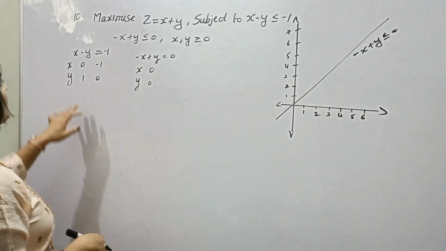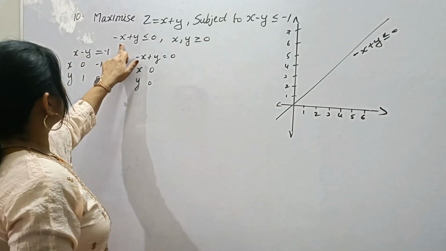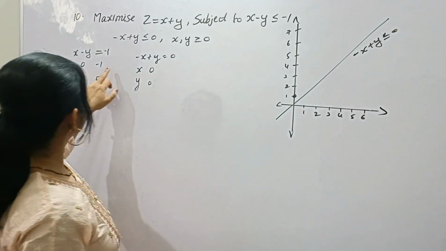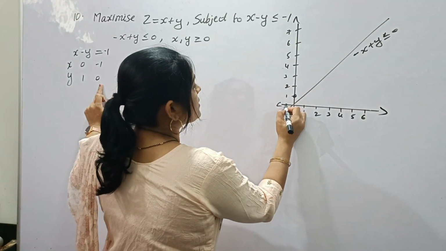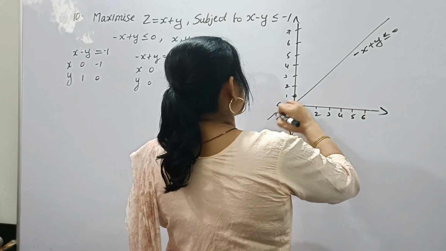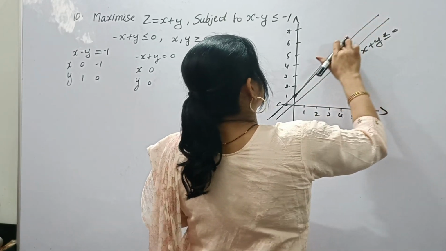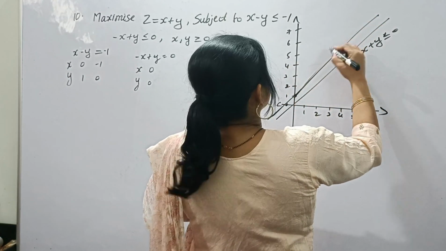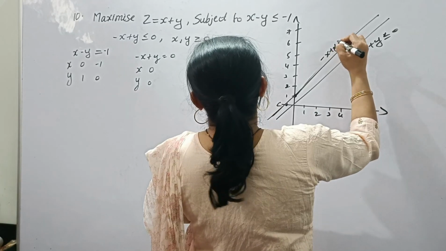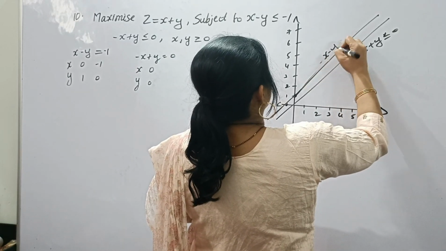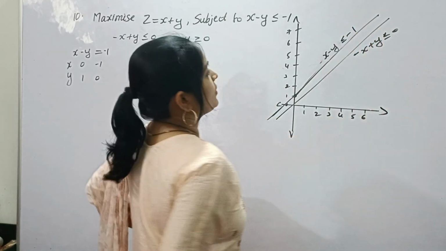And another line, that is 0, 1, it is the point 0, 1 and minus 1, 0. So, it is the line x minus y less than or equal to minus 1.